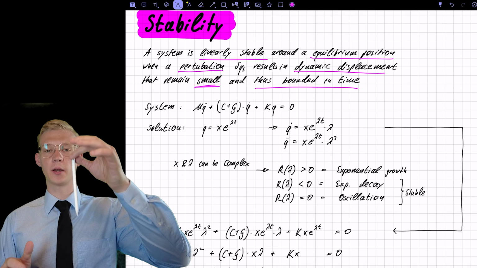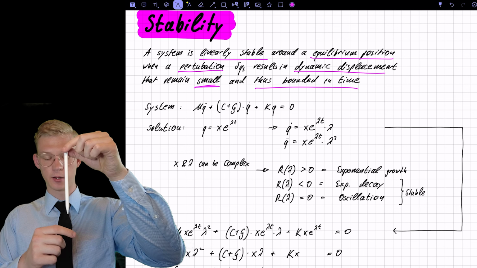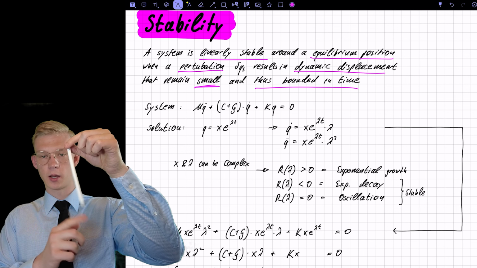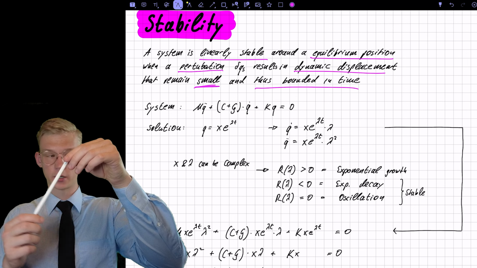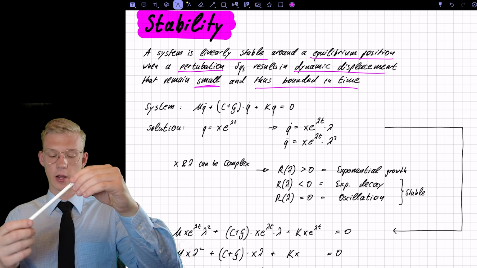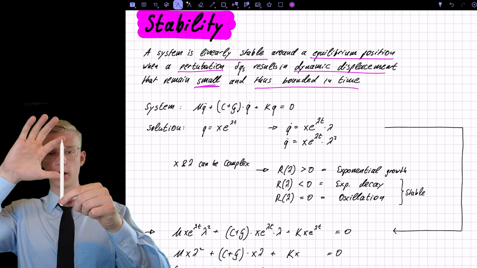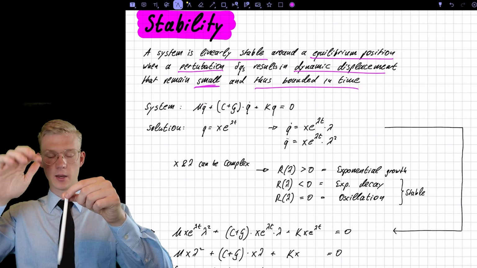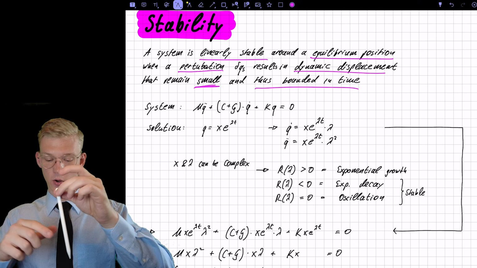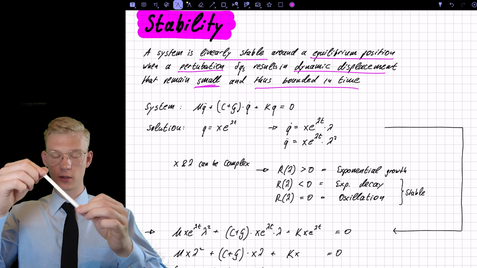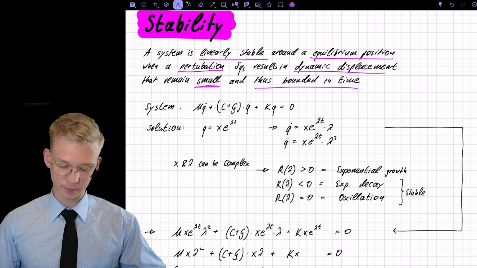Very complicated, but if you just look at a simple pendulum and you give it a little force on the end, it will come back to its original position and will not go to infinity and start spinning around. If you have an unstable configuration, for example, and you give it a little impulse, the displacement will not be small and will not come back. So this is why it's not a stable configuration.